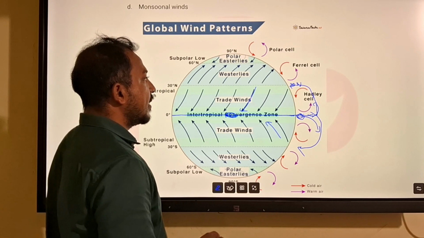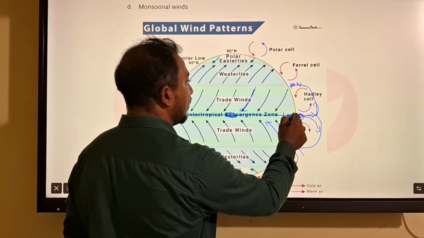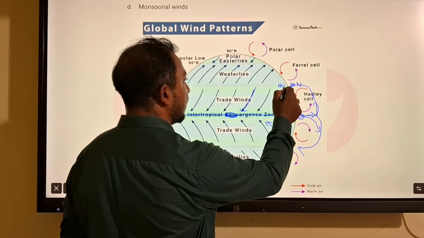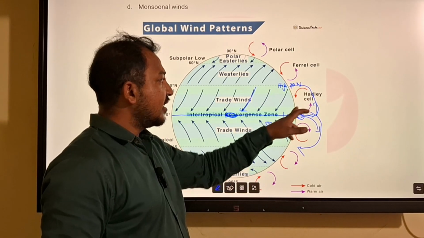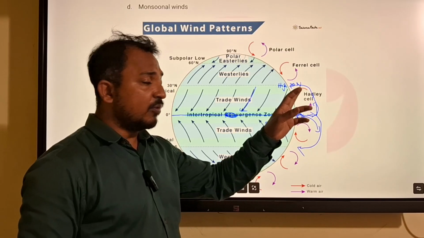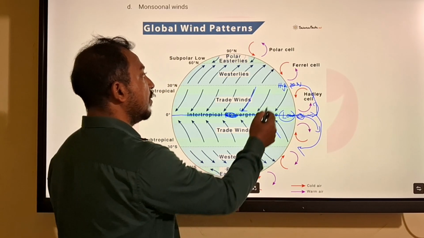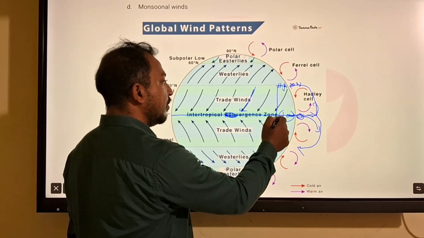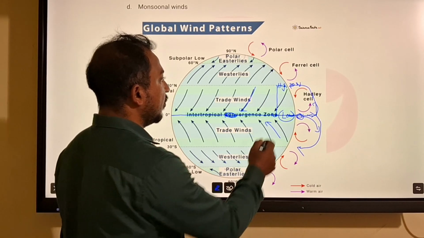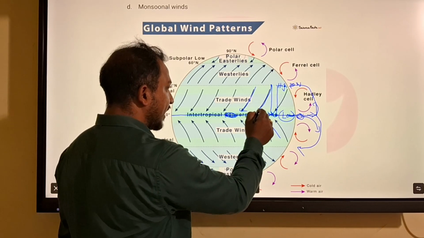When they descend, then this region will be a low pressure region. This region will be a high pressure region, because here heavy air will descend, here lighter air will move upward. Now wind will flow on the ground from high to low. So it should flow like this, but because of the Coriolis effect, they bend like this.